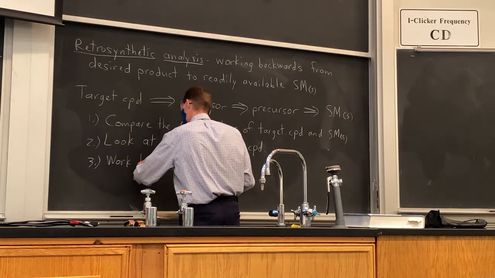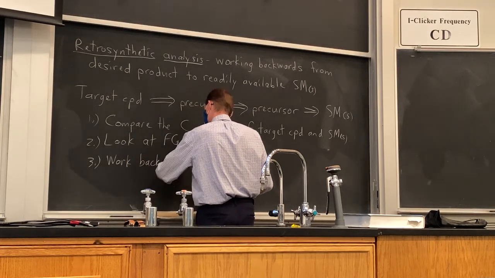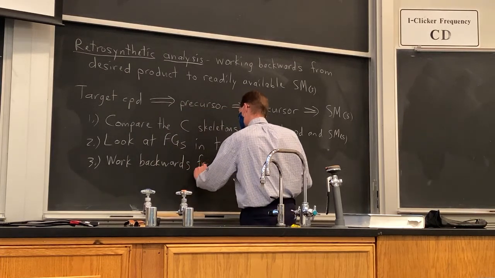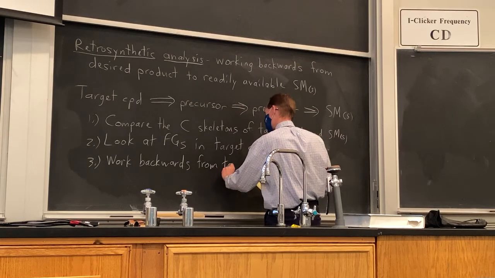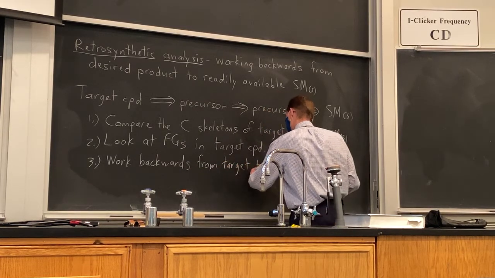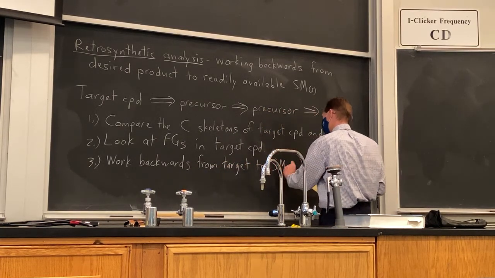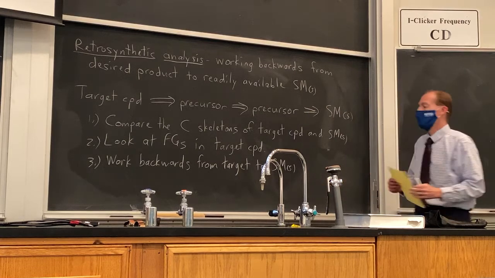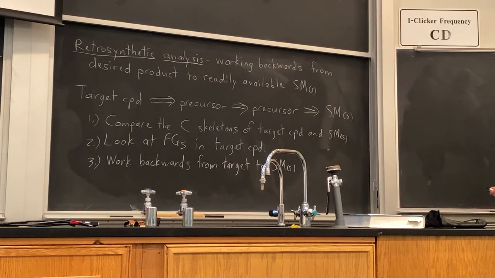So once you have an idea of what types of reactions, then you start working backwards from the target to the starting materials, okay? And as you do that, you want to make each successive precursor simpler than the target compound, okay? If you're working backwards and making the precursors more complicated than what you started with, that's going in the wrong direction.